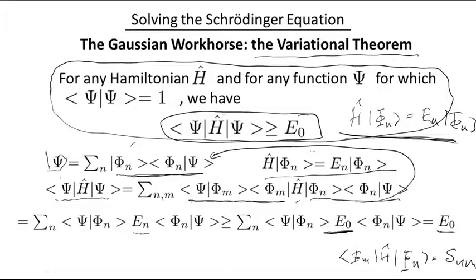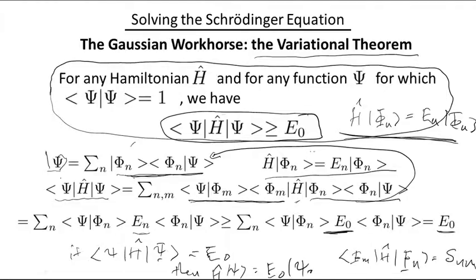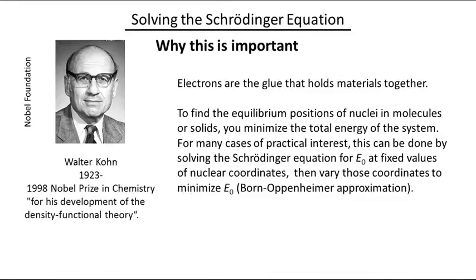And in fact, the equality sign means that if psi H psi equals E naught, then H psi equals E naught psi. So if you get an equality, you have found a ground state eigenfunction.